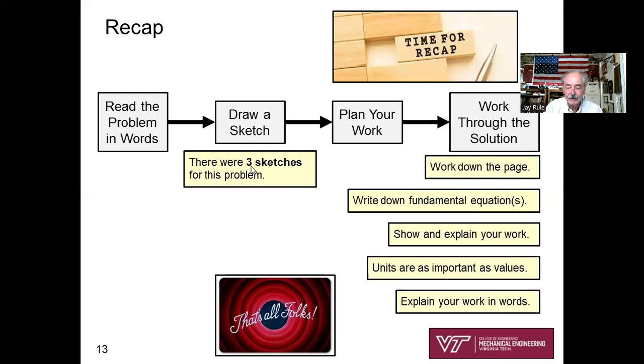Now notice here, in our solution, we ended up with 3 sketches. We had a piston and cylinder assembly, a free body diagram, and then a pressure volume diagram to illustrate the work done. We planned our work, thought through in our mind. I needed to get the pressure of the air in the cylinder.